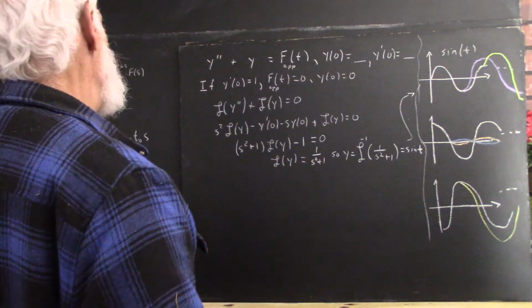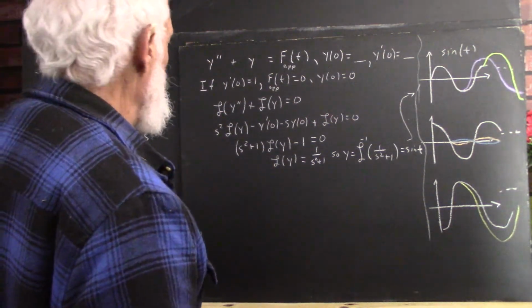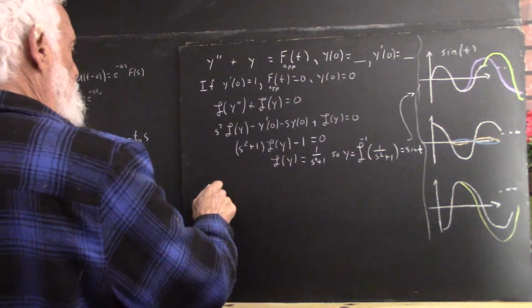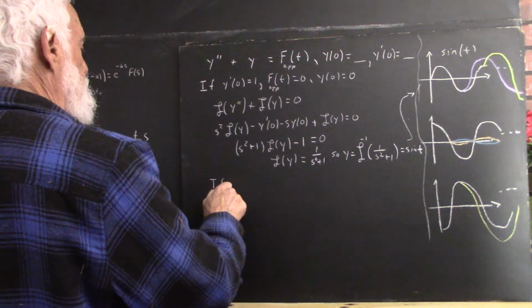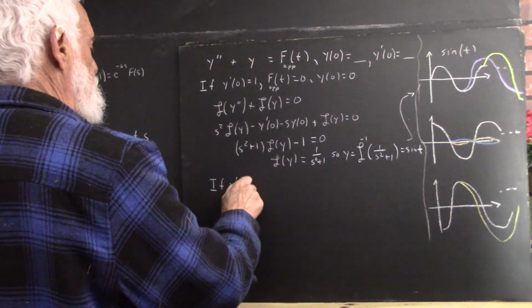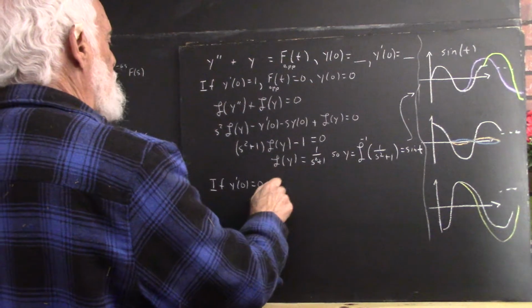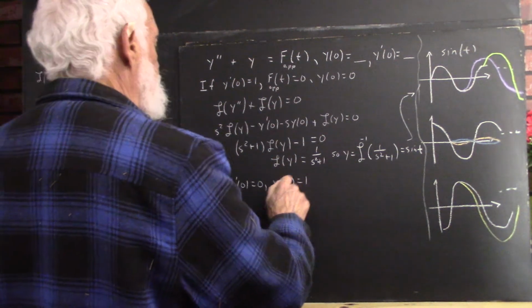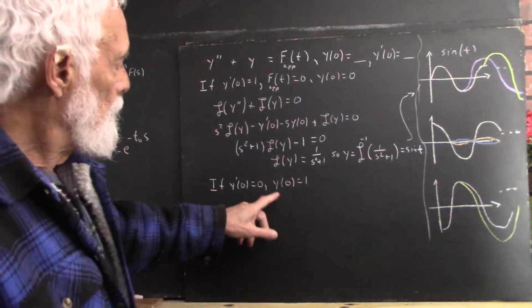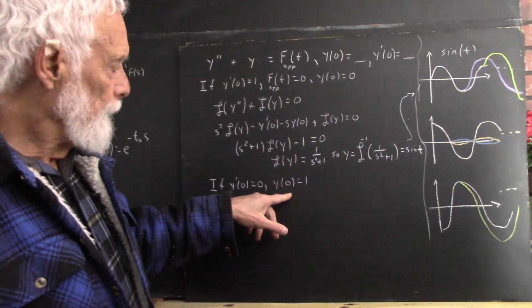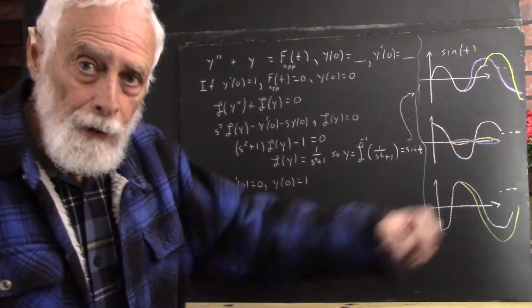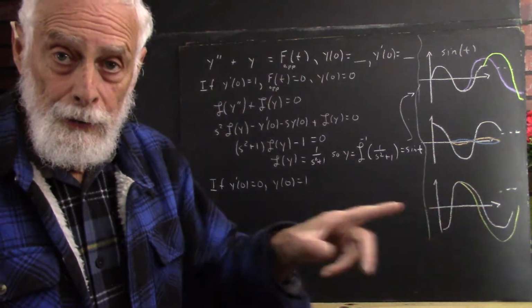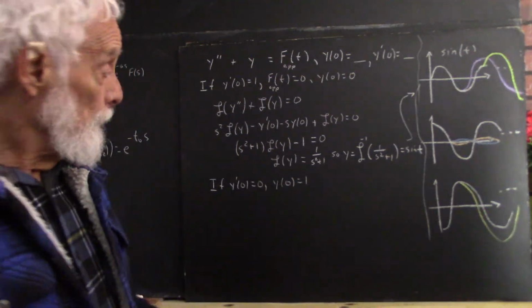Now if we want to let y prime of 0 equal 0 and y of 0 equal 1, what's that mean? That means your position at the initial instant is out here at unit distance in the positive direction from the equilibrium position.